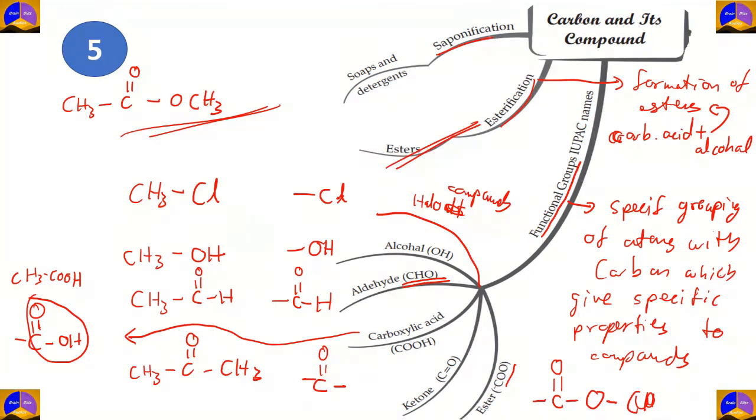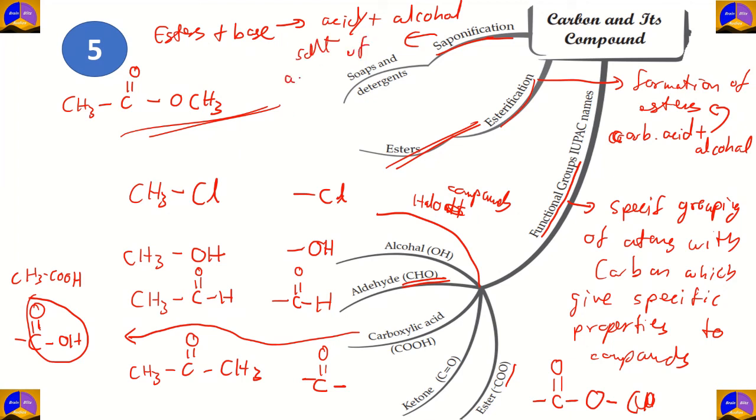Now, what is saponification? Saponification is the exact opposite of esterification. So esters plus base gives you acid plus alcohol. Now you either get an acid or you get a salt of acid, which is what we call soap.